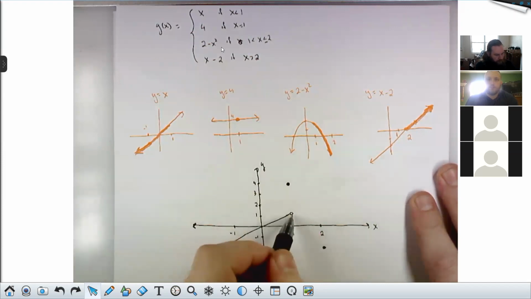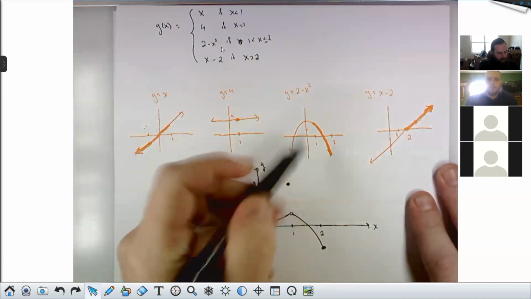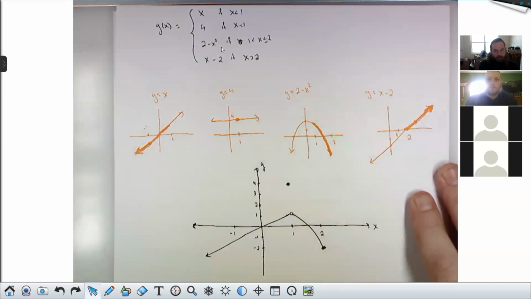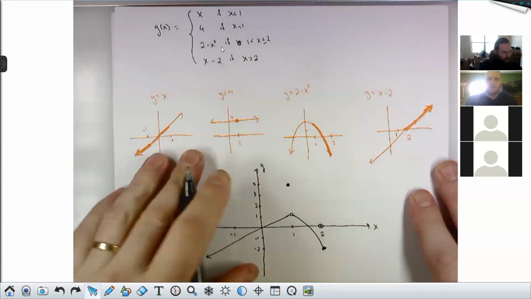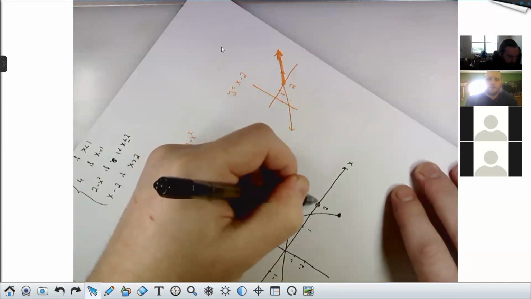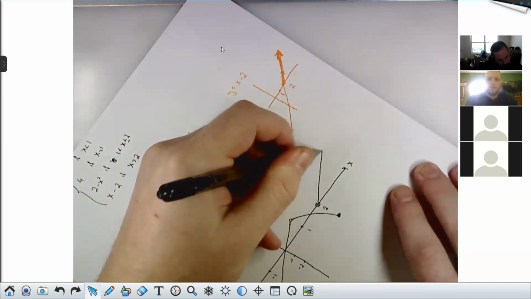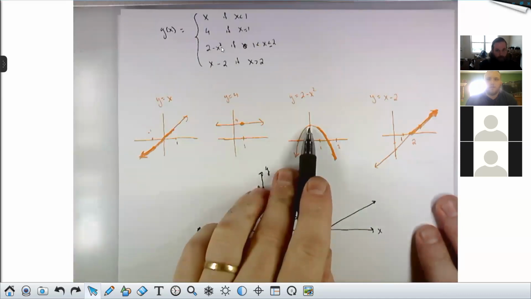This curvy bit here is part of that parabola. And then we jump. Okay, back up, doesn't that start at 2? Yes, but because of the way the piecewise function is defined, it's true that the vertex is up here at 0, 2.